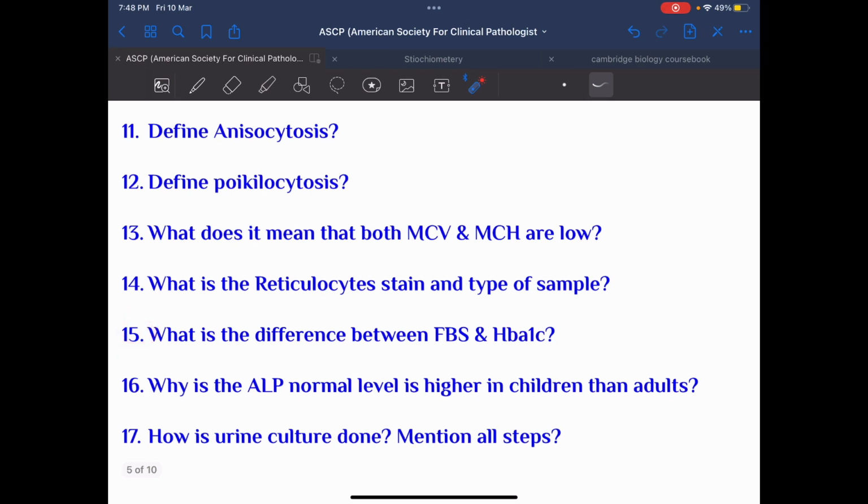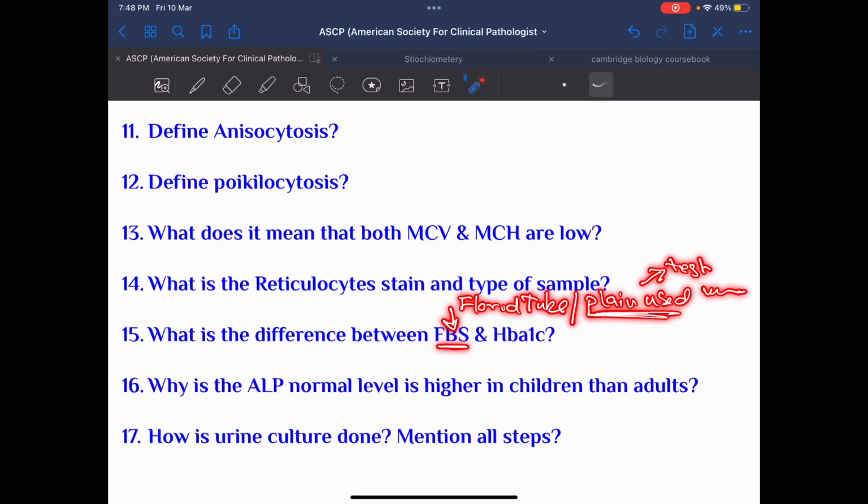Question number 15. What is the difference between fasting blood sugar and hemoglobin A1C? For fasting blood sugar, you need to collect a fluoride tube, or a plain tube can also be used. But in case of plain tube, you need to test immediately after separating the serum.